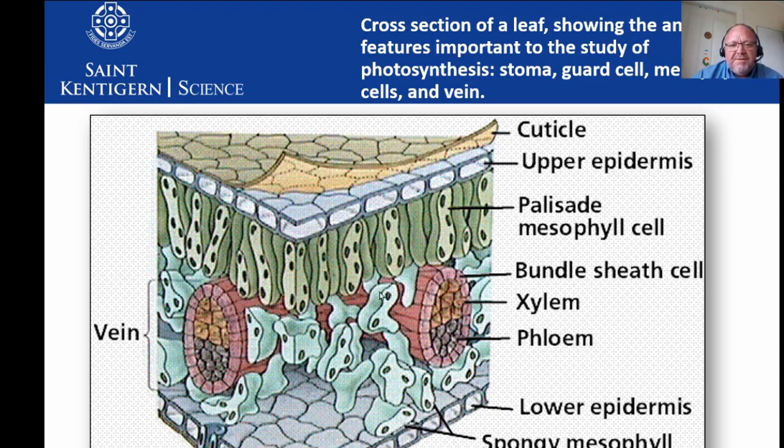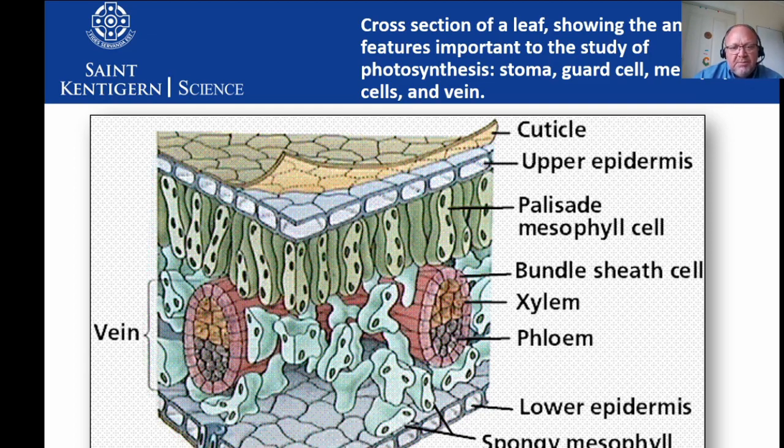Further down, we then move into the spongy mesophyll. The spongy mesophyll is where all these gases that are produced or needed, so the CO2 that comes in and the oxygen that is produced, can travel, and the oxygen leaves the leaf through the stoma, which you can see here. Stomata are almost like the spiracles in an insect.